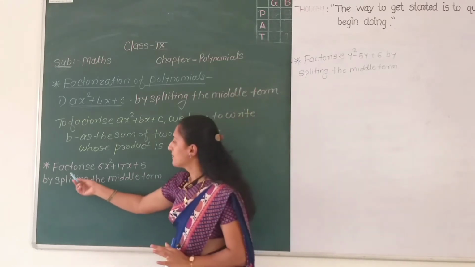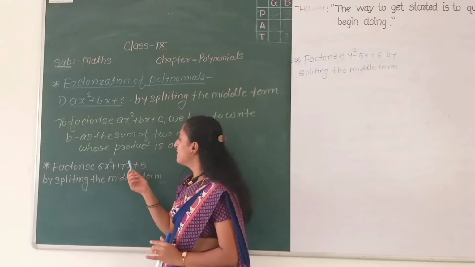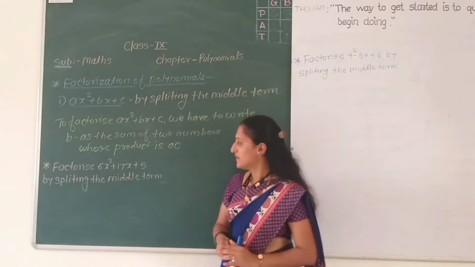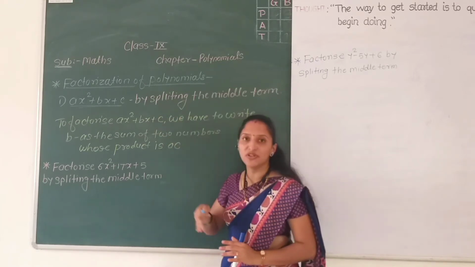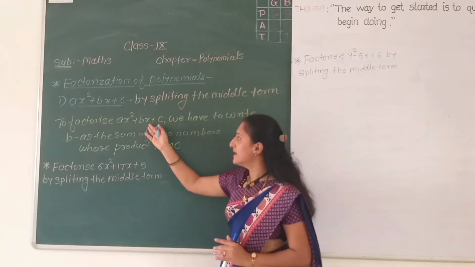Our first example is: factorize 6x square plus 17x plus 5 by splitting the middle term. We compare this with the standard form of a quadratic polynomial, ax square plus bx plus c.